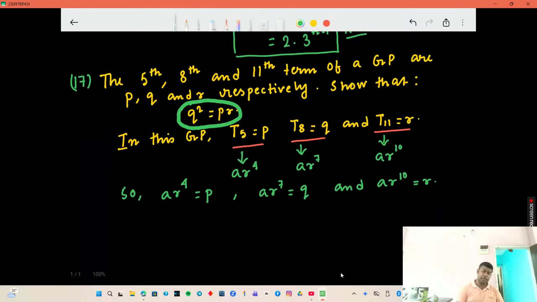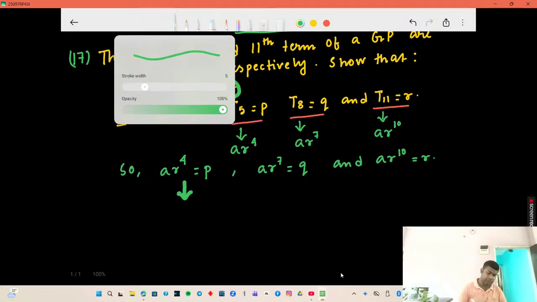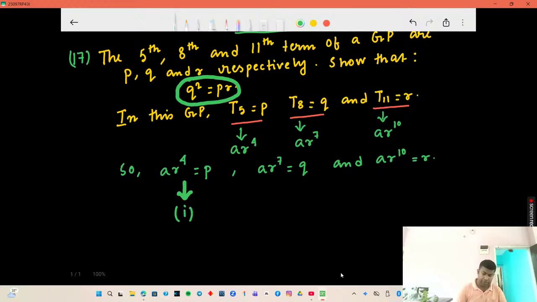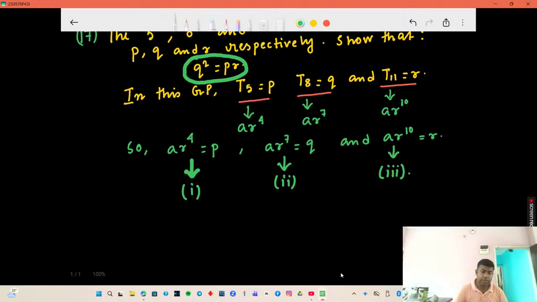Let us number these equations. This is the first equation, this is the second equation, and this is the third equation. So now what we will do, we will square the third equation.